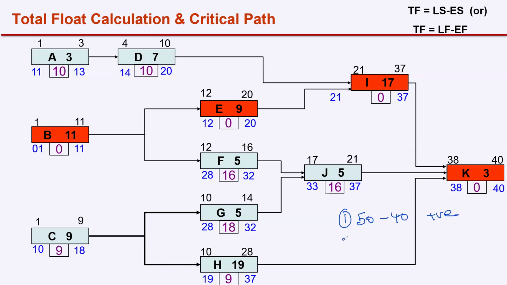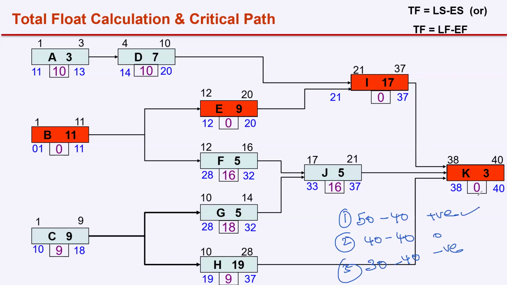Or zero project float: you agreed to finish in 40, calculated also 40. Or negative project float. These numbers are indicative, the concept is positive, zero, negative. We agreed to finish in 30, but the calculation shows 40, here I have negative project float.